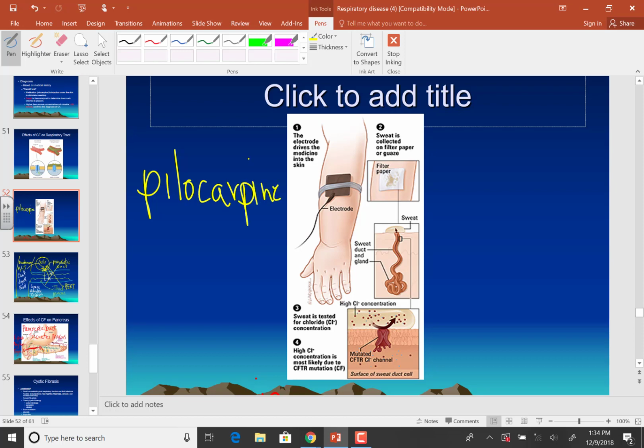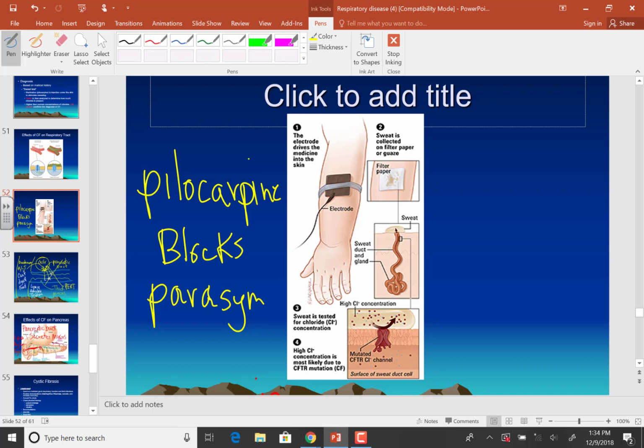Now, pilocarpine blocks the parasympathetic nervous system. If you recall, we've got 2 divisions to the autonomic nervous system, sympathetic and parasympathetic, and they both work together. So you always have some sympathetic and you always have some parasympathetic.